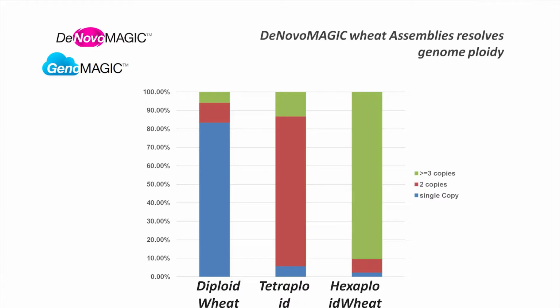A diploid will mainly have one copy, a tetraploid will usually have 2 copies, and a hexaploid will usually have 3 copies. That's a very nice result coming out of those 3 genomes. And again, comparing gene content between genomes can tell you something about what the genome is.